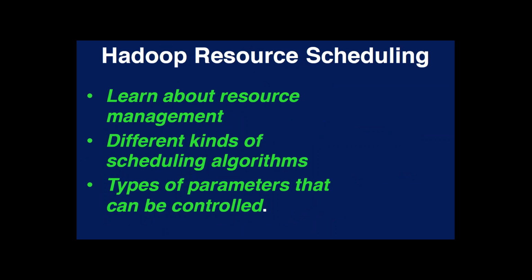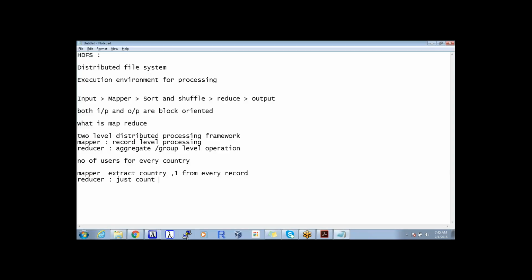So scheduling will be done with different kinds of algorithms. What is mainly resource scheduling is where exactly the JVM has to run, how many instances, and how much memory has to be given for every task. So the main thing will go like this.